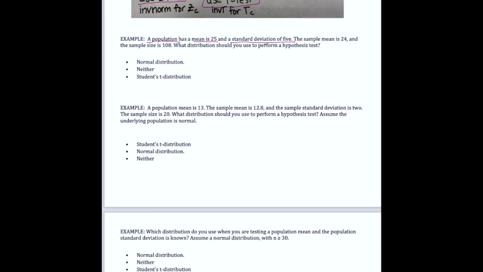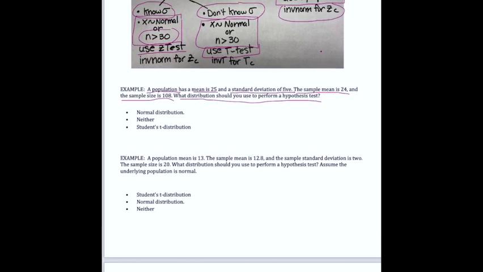So we're reading this carefully. This standard deviation is coming from the population. Then it goes on to say that the sample mean is 24 and the sample size is 108. Which distribution should you use to perform a hypothesis test?